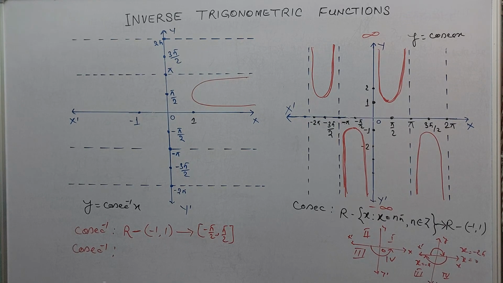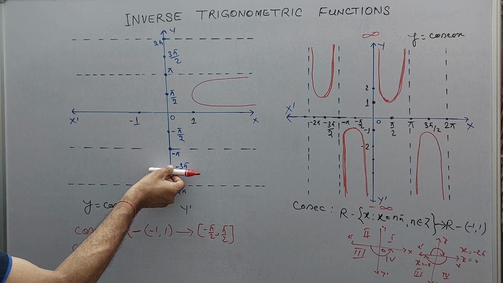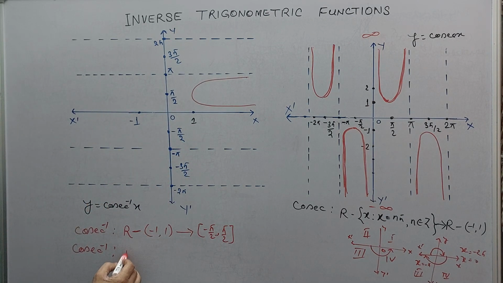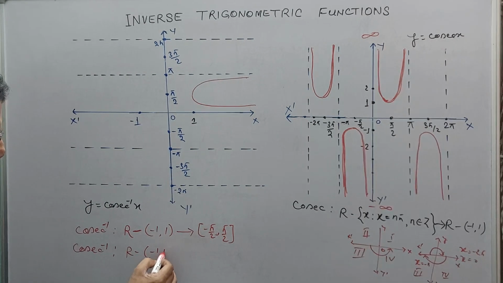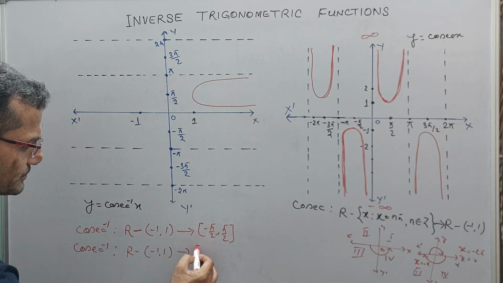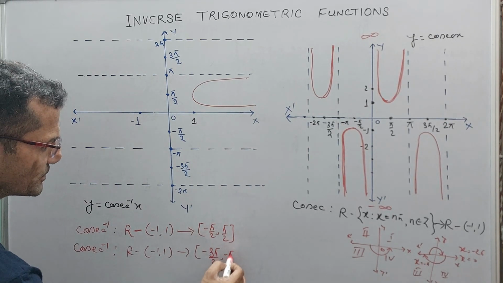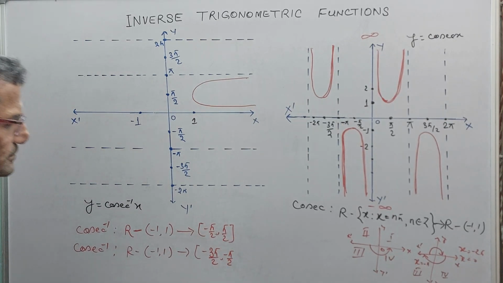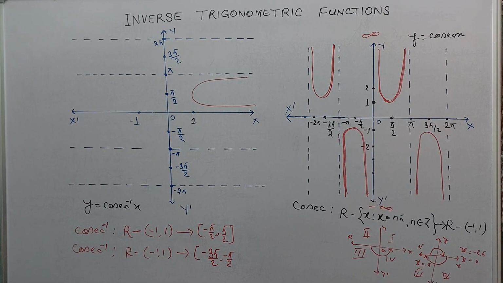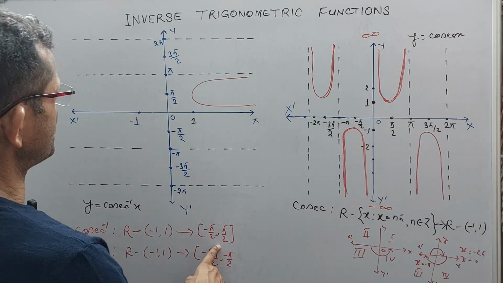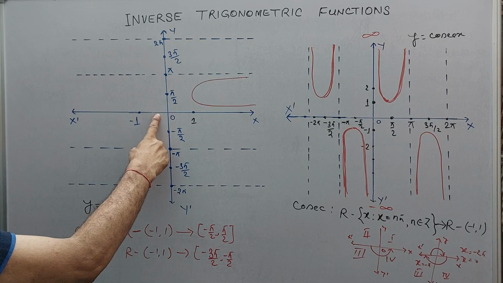Same way, if I consider the graph of the interval minus 3 pi by 2 to minus pi by 2, the corresponding domain will be this one. Here between minus pi by 2 and pi by 2 there is the angle 0.